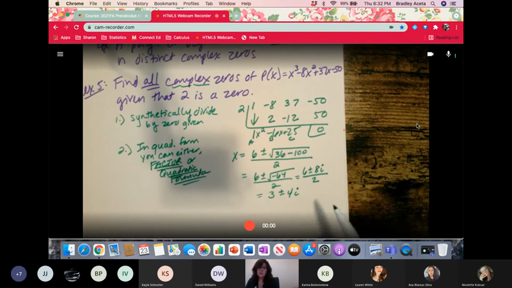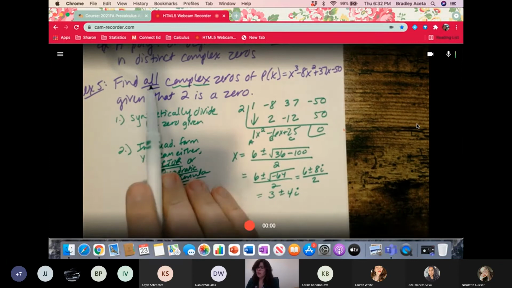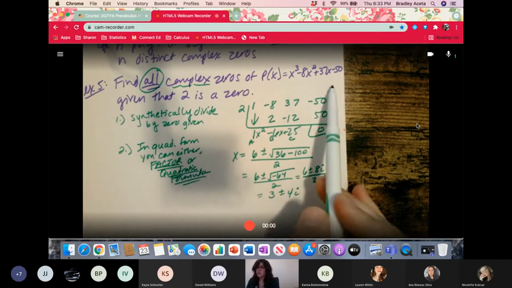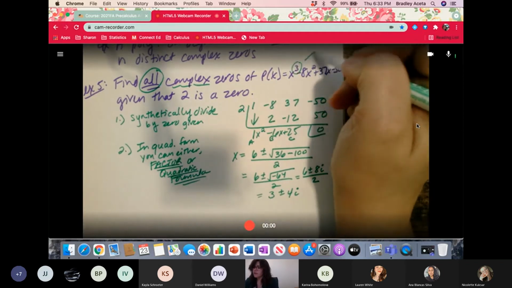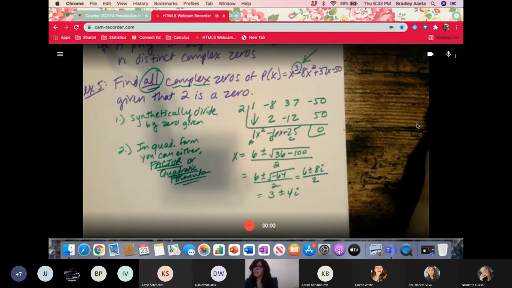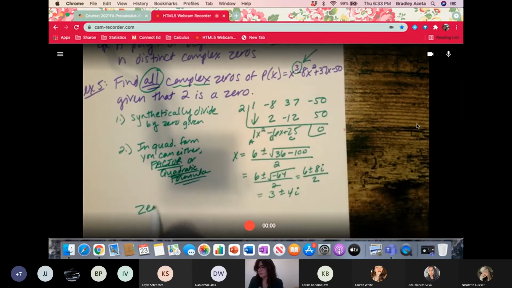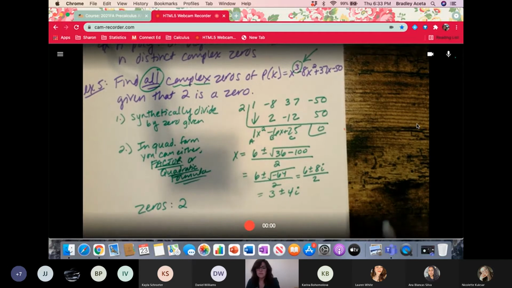So let's go back and answer the question. Find all the complex zeros of this polynomial. Notice it's degree 3. So the most it's going to have is 3. Let's see if we found all 3 of them. Well, one of them was 2, because they told us 2 was a 0 and we synthetically divided.